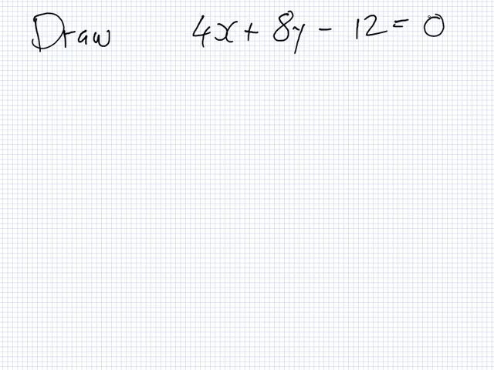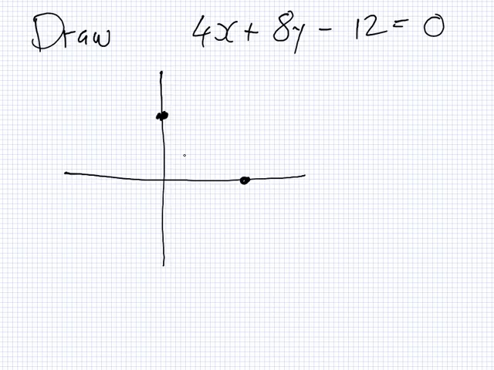If I want to draw a line, how many points do I need to draw a line? 2. I need 2 points, don't I? Yeah. So, the best 2 points to find are the ones that cross the x and the y. This one we know its name already. What's it called? Intercept.